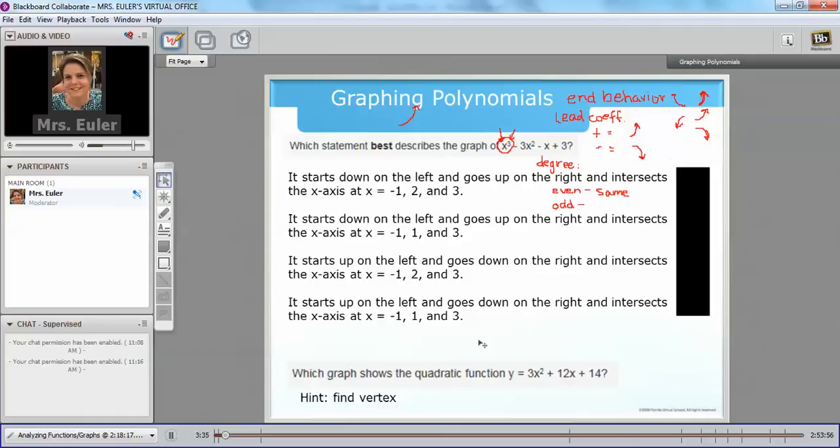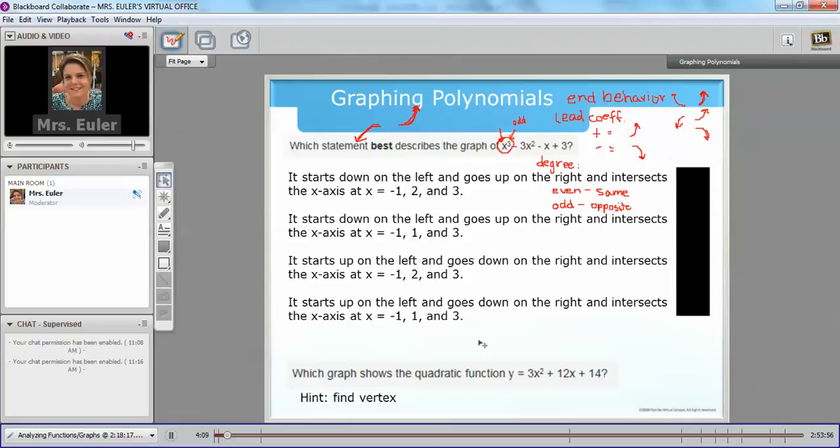It's going to be in the opposite direction. So we see in this particular example, our degree is 3. It is odd. And so that tells us that the beginning of our graph is going to be in the opposite direction as the end of the graph. So the beginning of the graph is going to be pointing down. The end of the graph is going to be pointing up, according to our leading coefficient and our degree. We need both of these pieces of information in order to be able to determine that.